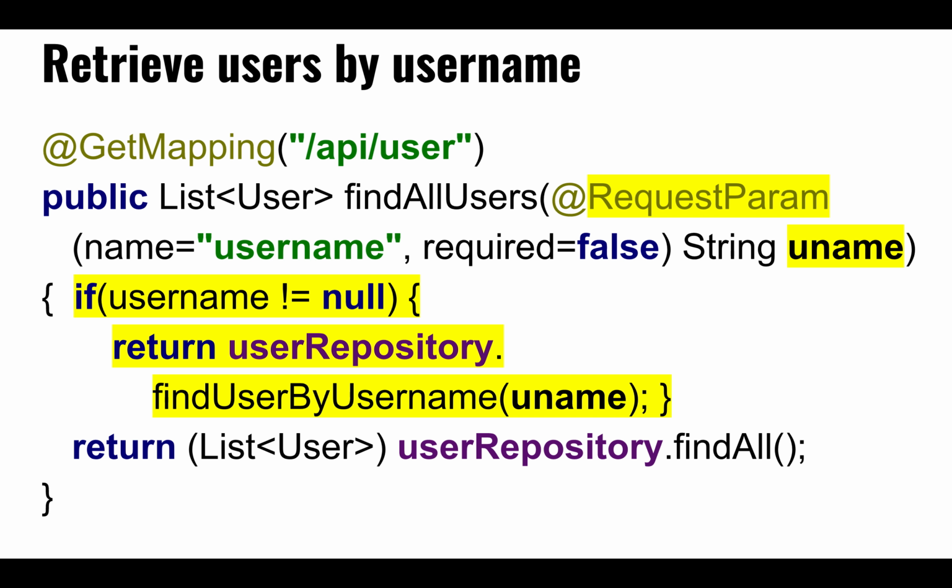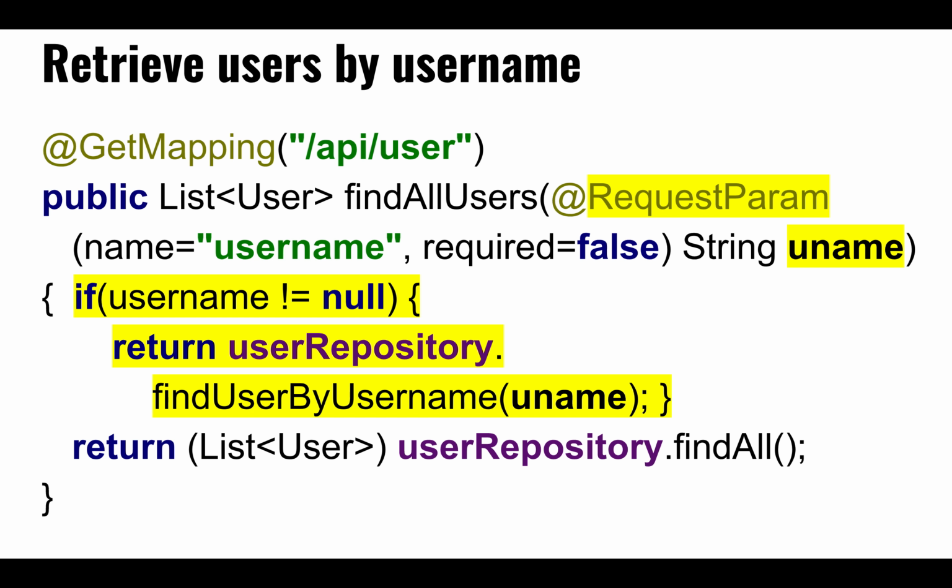So if you have a /api/user, and then you have a query string, username equals Alice, then the variable username, uname here, would be Alice.